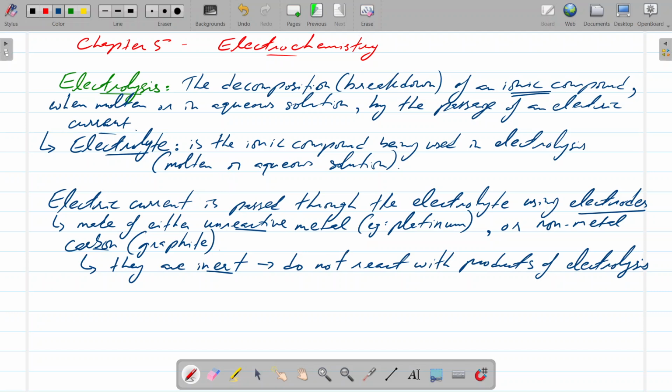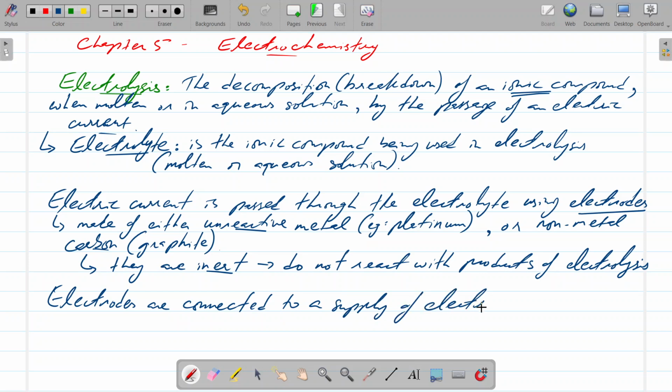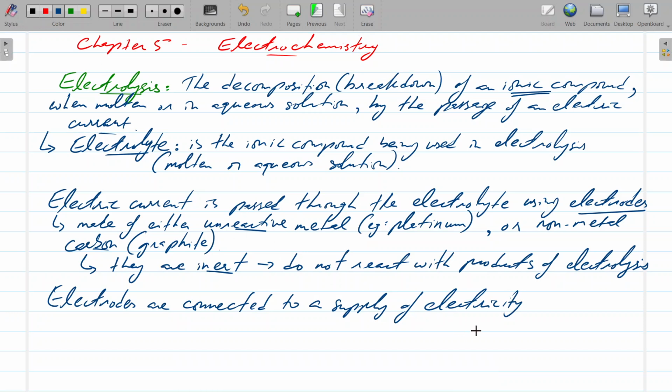All right, what else? Now the electrodes are connected to a supply of electricity. In this case, we know that there's positive and negative charge.